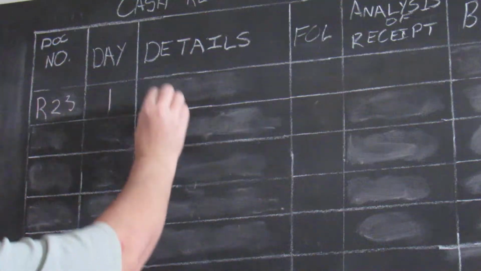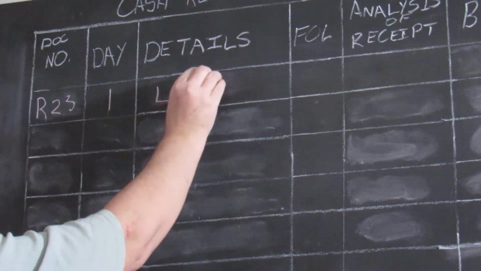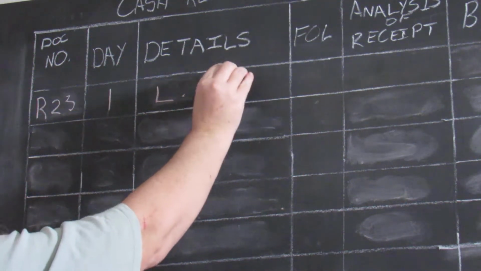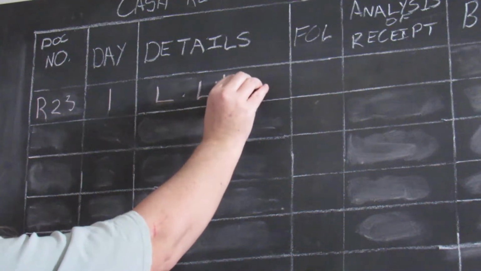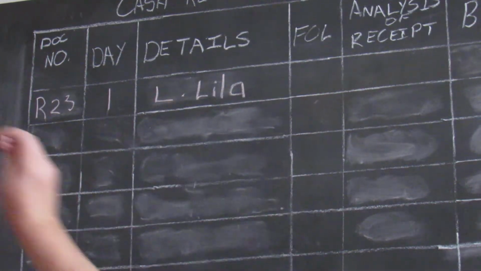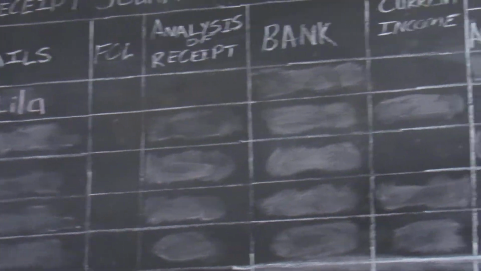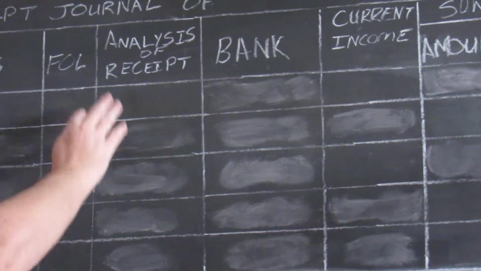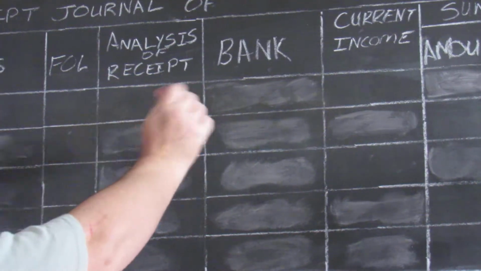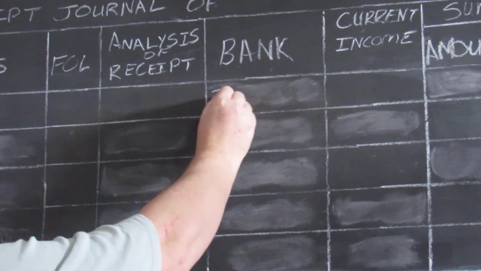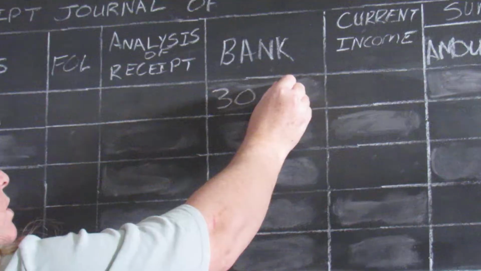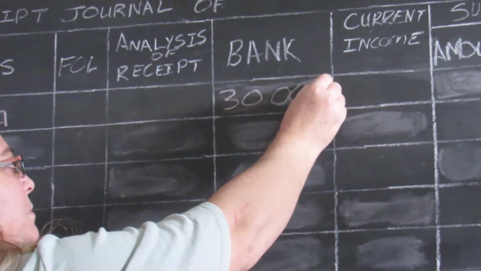The owner is Al Lilla, so you will put in there Al Lilla. Folio will stay blank. Now once again, she deposited the amount directly into the bank, so the analysis of receipt will stay blank. But the amount of 30,000 will go into the bank account.